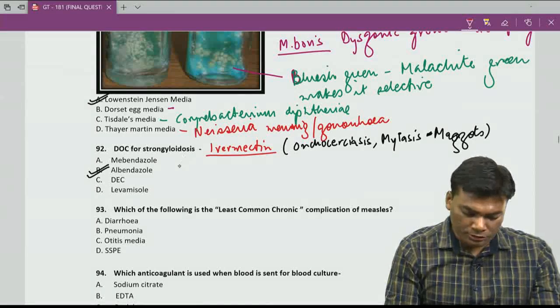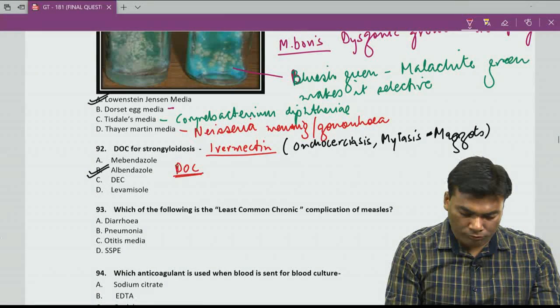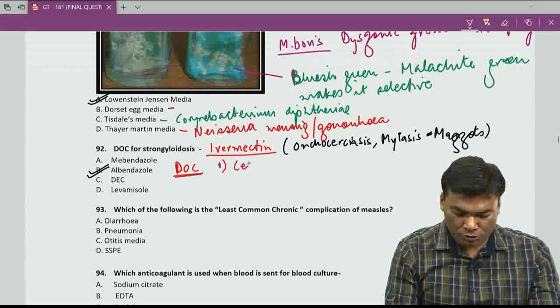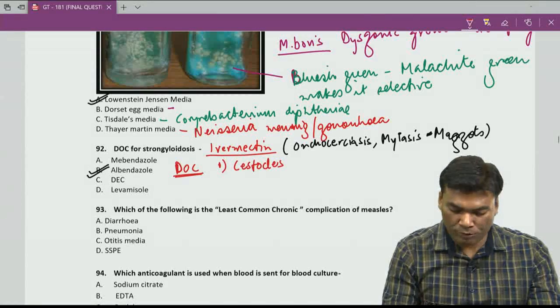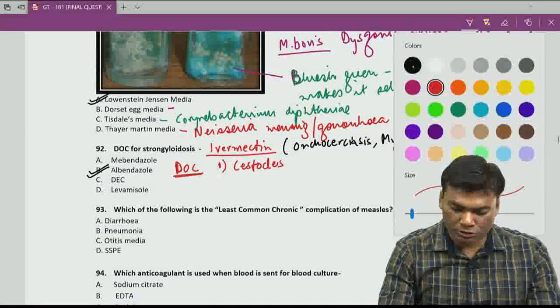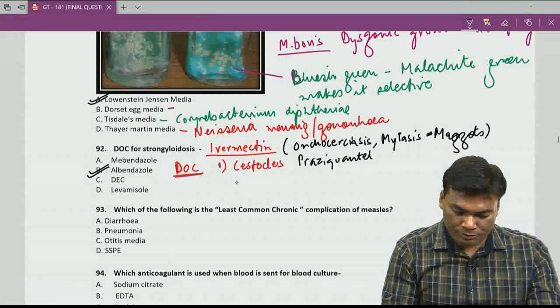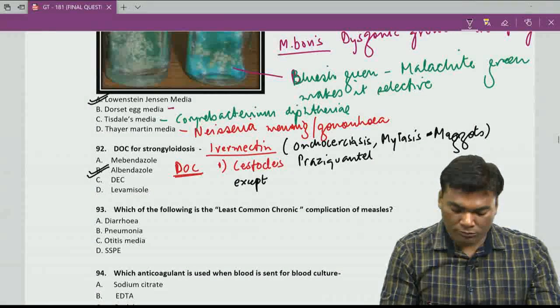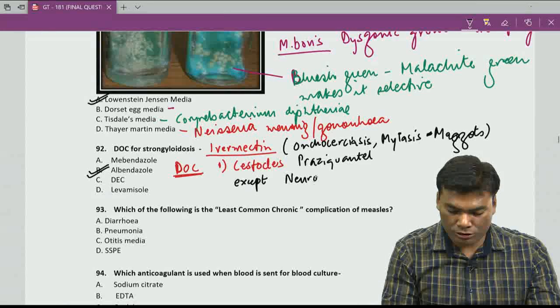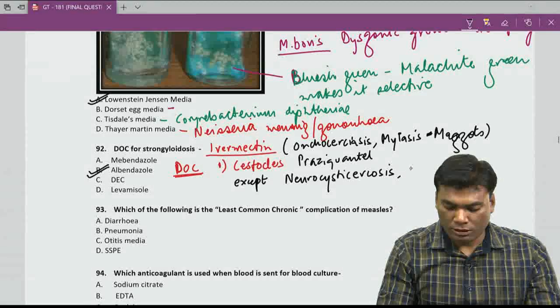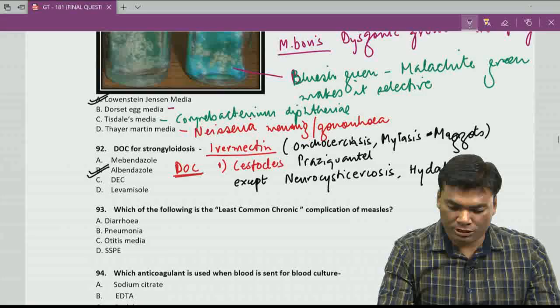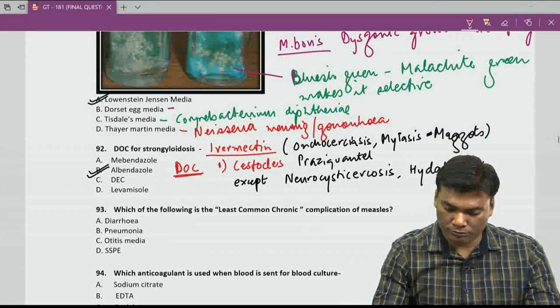Okay, so let's see the drug of choice for all cestodes. Cestodes are tapeworms. Drug of choice for all cestodes is praziquantel, right? Except neurocysticercosis and hydatid cyst. In these two cases we use albendazole.